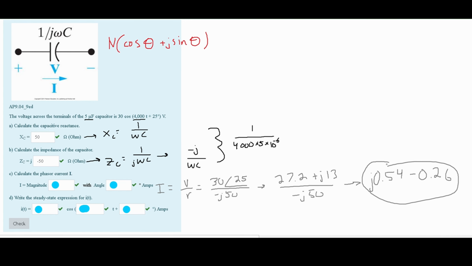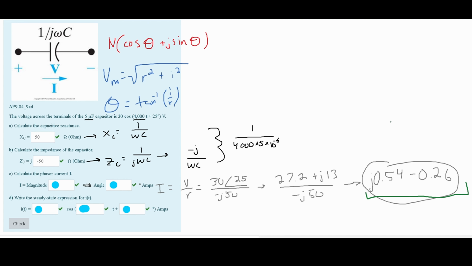Now we have our equation here. We need to convert it to polar form because it wants the polar form. To convert from rectangular to polar, we use that V_m is equal to the square root of our real number squared plus our imaginary number squared. Our theta angle is equal to the inverse tangent of our imaginary number divided by our real number. And that is how we're going to solve for the polar form. Before we put this in polar form though, it is important to note the angle.